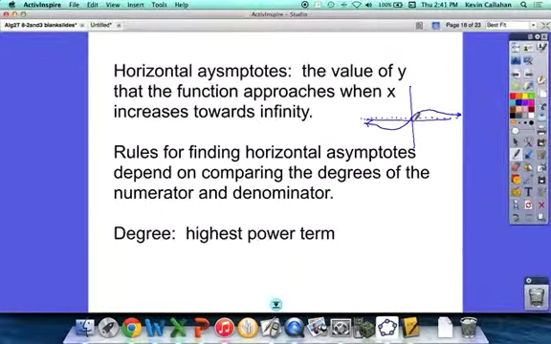Now the truth is that when x was small, it crossed. The graph can cross a horizontal asymptote when x is small. That's okay. A vertical asymptote, you can never cross.